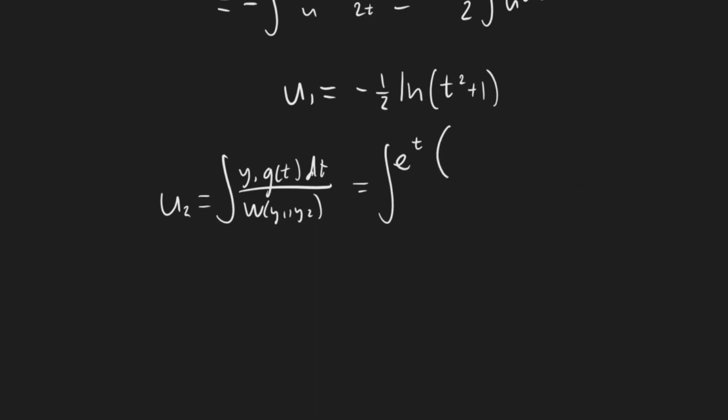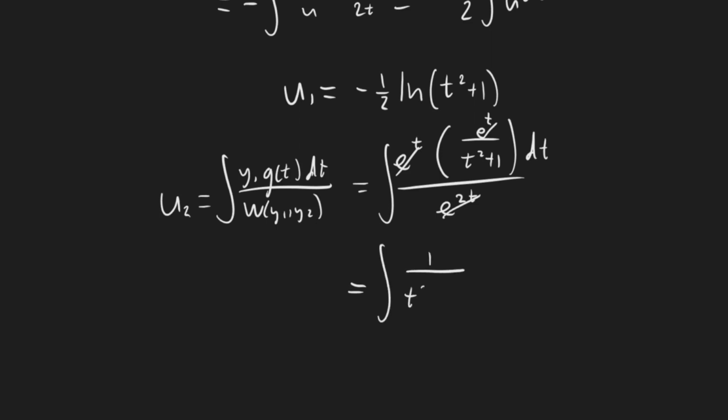That's still going to be just e to the t over t squared plus 1. dt remains, and this is still over the same Wronskian of e to the 2t. So actually the same exact cancellation happens here. Every e disappears, except now there's no t on top. So this is going to be the integral of 1 over t squared plus 1 dt.